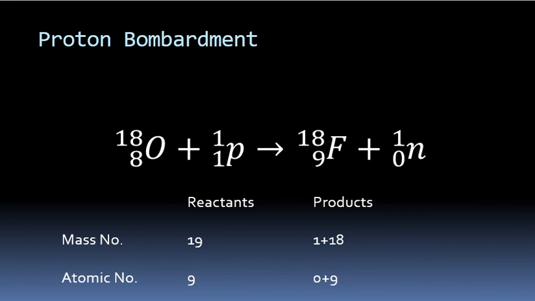And then if you know the atomic number of your unknown nuclei, well then you can go to the periodic table and determine its identity. Or if it makes more sense that that is actually a particle and non-nuclei, well then just put in the identity of the particle. For example, if you saw that you had 1 and 0, 1 for the mass number and 0 for the atomic number as the missing component, well then just fill it in with an n.